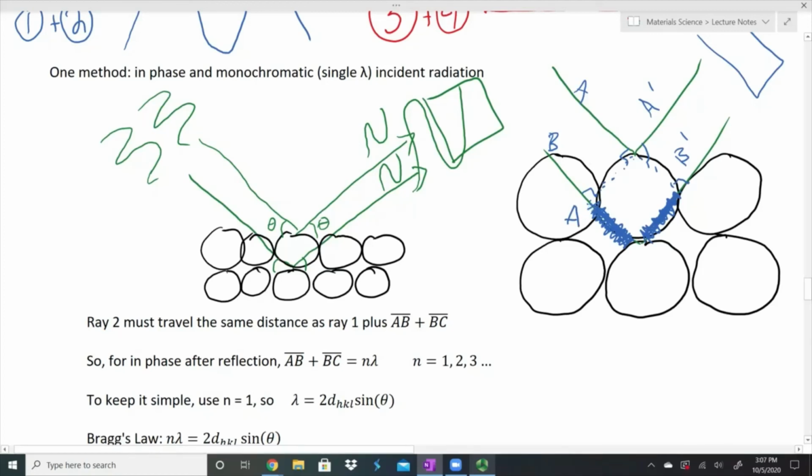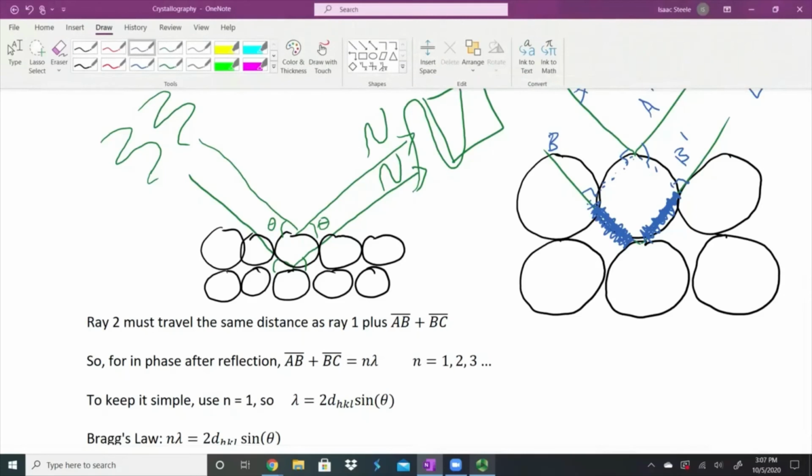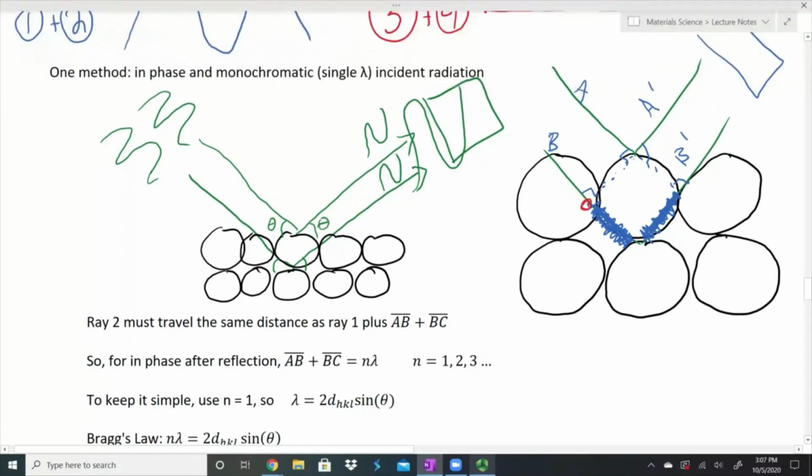Let me get a different color since I've kind of scribbled that all up. I'll get red. So this is point A, this is point B, and this is point C. So the second ray needs to have traveled the exact same distance as my first, plus the length A to B and B to C.